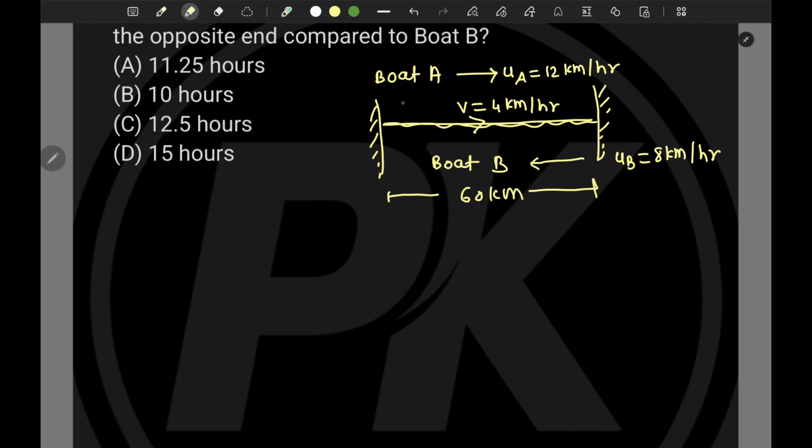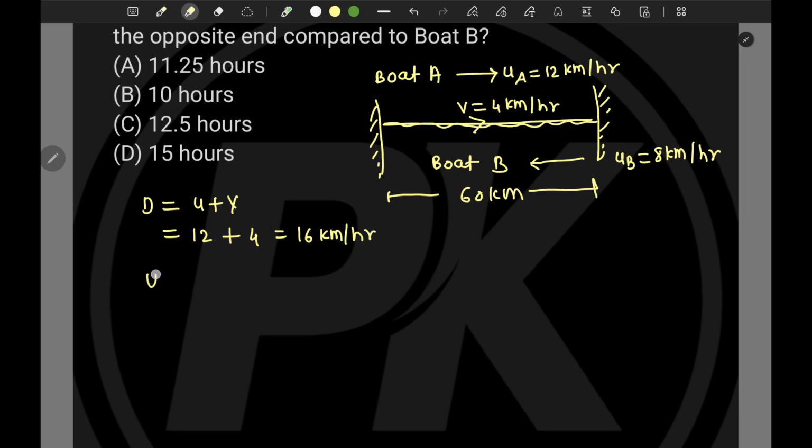We know boat A is moving in the downstream direction, and downstream means fast, that means it is u plus v. Here the u value is 12 kilometer per hour because it is for boat A, and the stream speed is 4, and hence it is equal to 16 kilometer per hour.